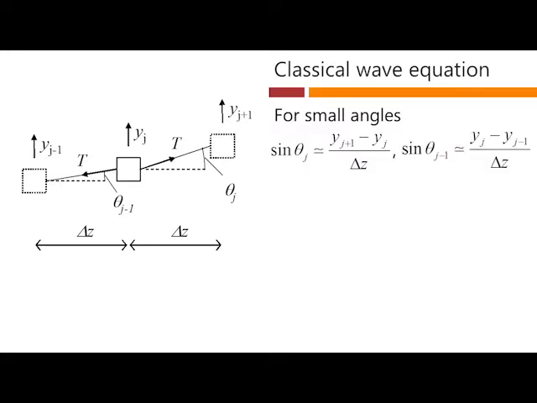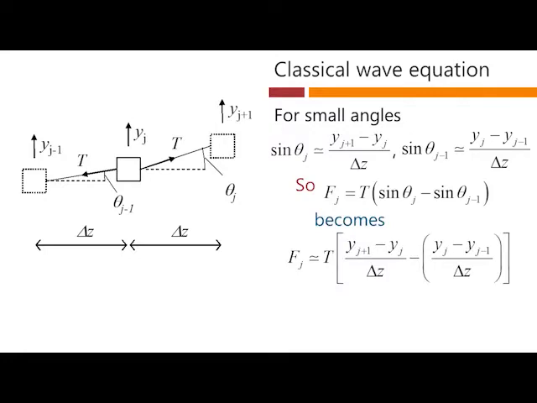And similarly, for sin theta_{j-1}, it's this vertical distance here divided by delta z again. So this net force that we'd written down in terms of sines, that was pulling this mass upwards, becomes, with these simplifications, just these little formulae here. And of course, we can add all that up to get the net result of all of that.